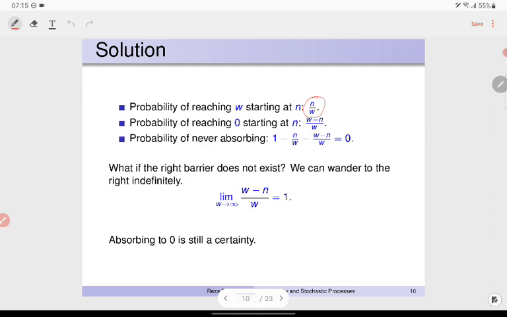That means the probability of never absorbing is, again, no matter how large W is, still equal to 0.